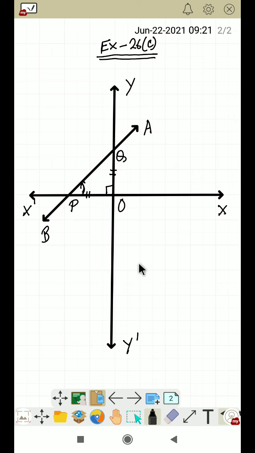So write down here, therefore the inclination of the line is 45 degrees.